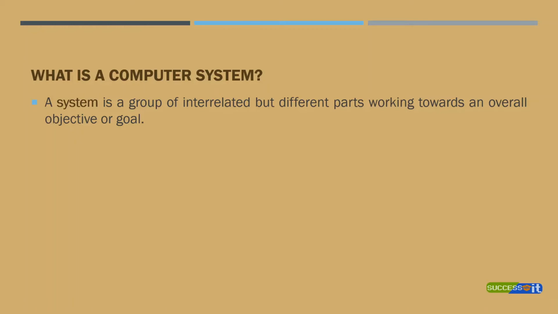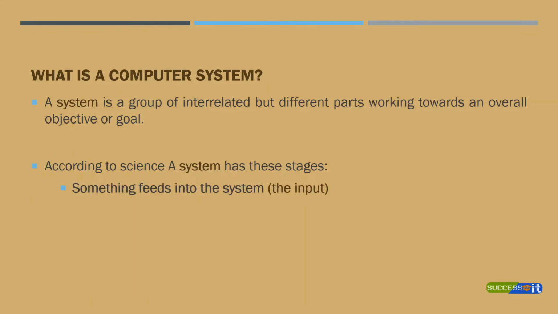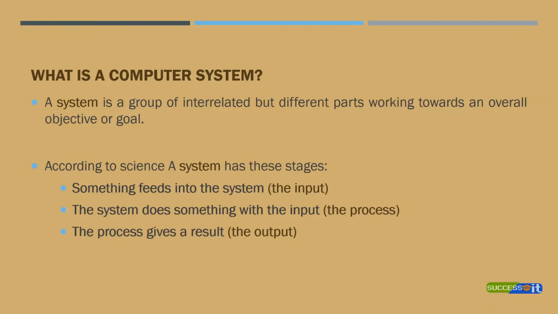According to science, a system has these stages. Something feeds into the system, does something with the input, the process gives a result, and some of the result is stored for later.